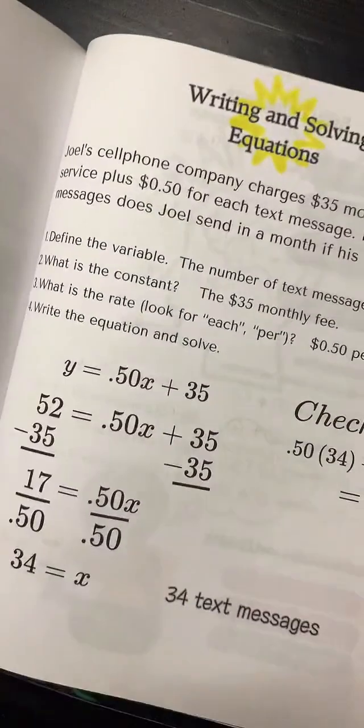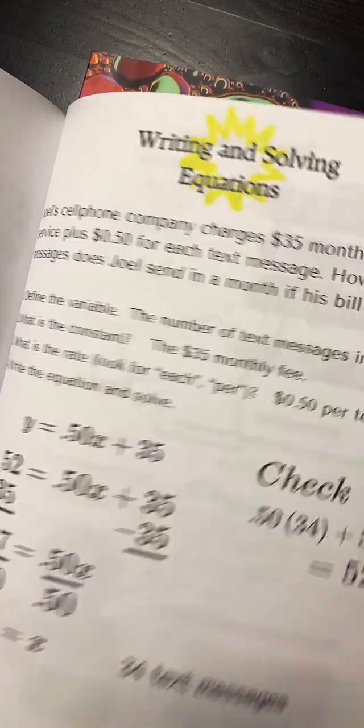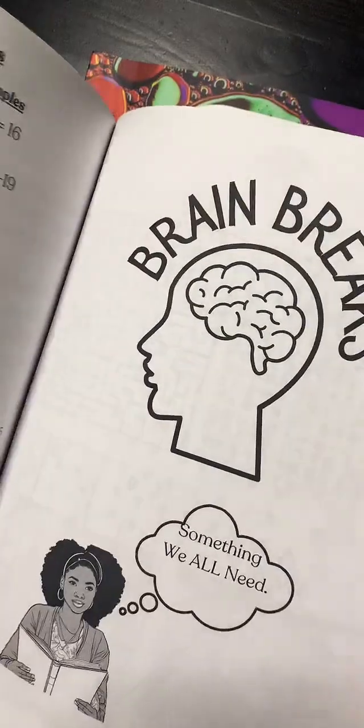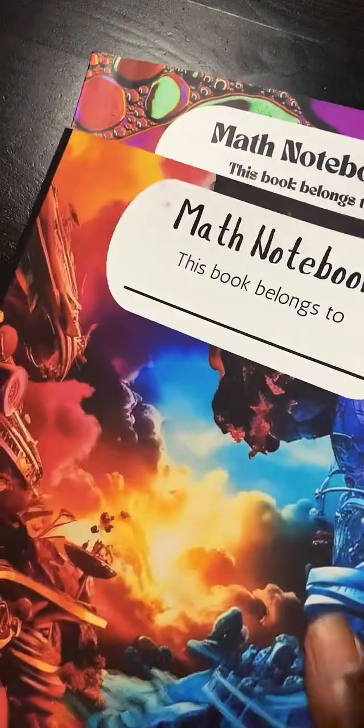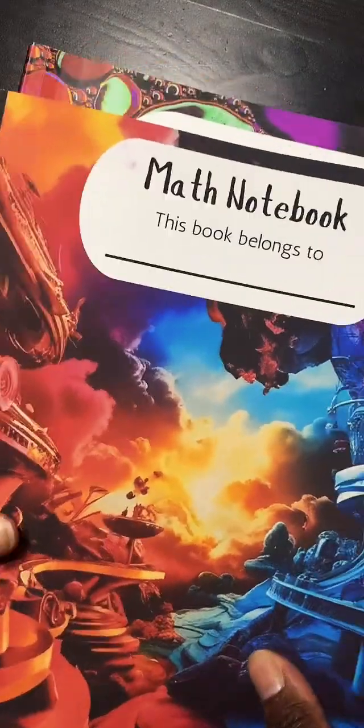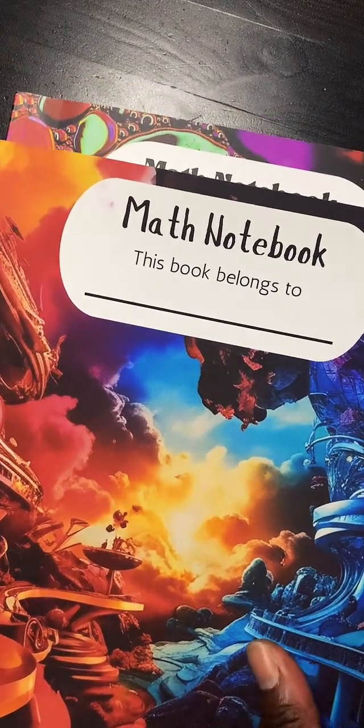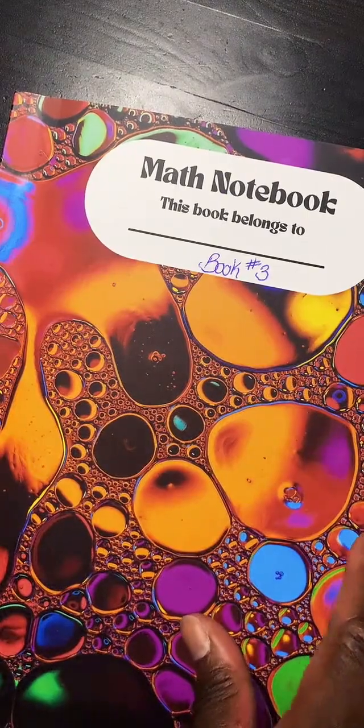And then we have volume and surface area, and writing and solving equations, as well as the rules of integers. Of course, I have it all step by step. It's a little bit smaller and shorter because it's for smaller kids. Gotta deal with the smaller kids, right?